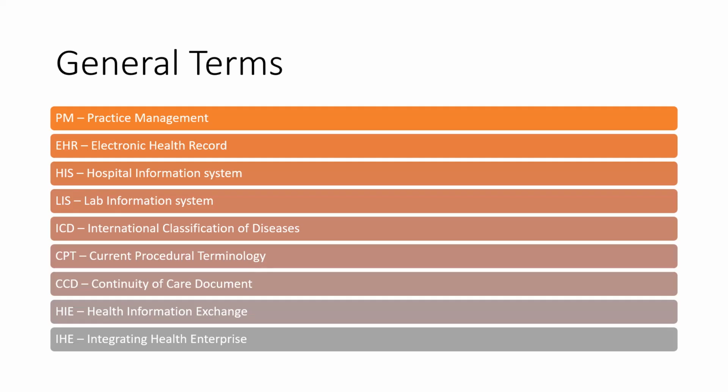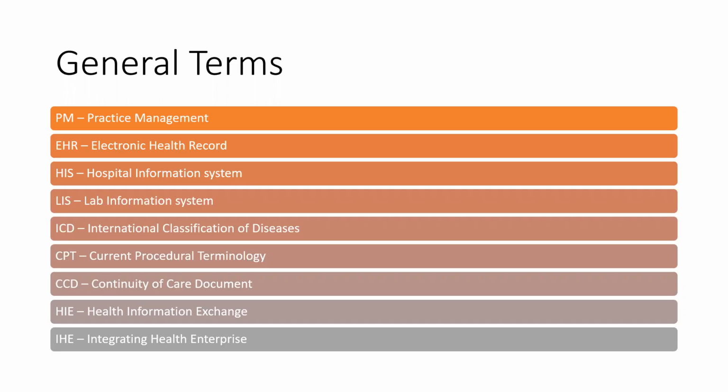Then you have a few terminologies like ICD and CPT. ICD is International Classification of Diseases. This is nothing but a library or a book, you can think, which will contain the list of all the diseases that we have in the world, and each disease is identified with a unique code or unique ID. So International Classification of Diseases will tell us what code is designated for each disease.